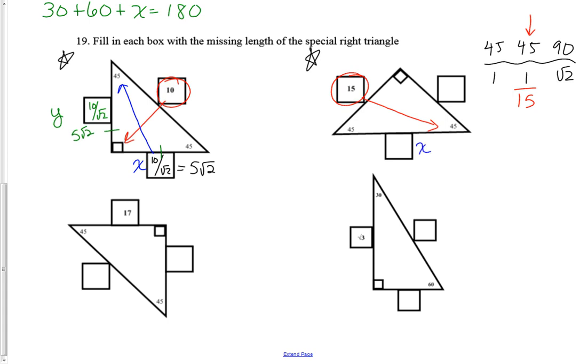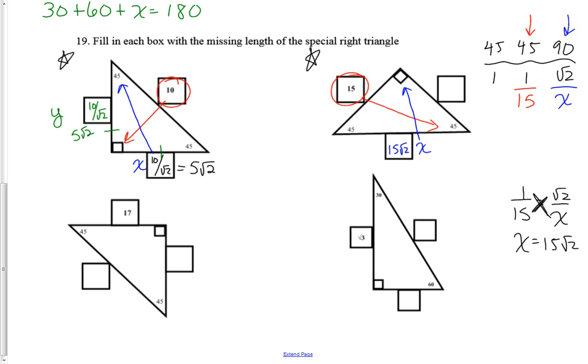I'm going to call this side x, and this side is across from the 90. So I take the 90, I put my x under the square root of 2. I'm going to take these two fractions, set them equal to each other, and solve for x. And I get x is equal to 15 times the square root of 2. And I'm going to place that into the box on the side of this triangle, 15 square root 2.